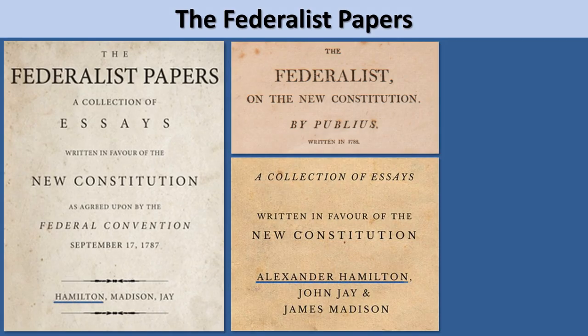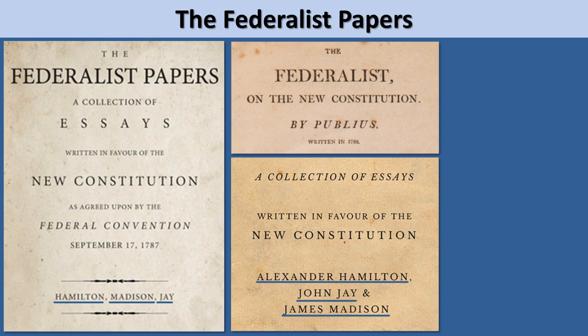Alexander Hamilton, James Madison, and John Jay published columns in the newspaper arguing that the system of government that would work best for the U.S. was the federal system set up by the Constitution. Today, we call Hamilton, Madison, and Jay's essays the Federalist Papers.